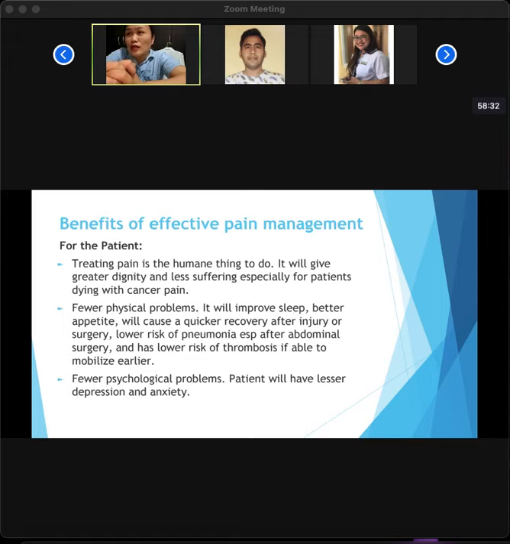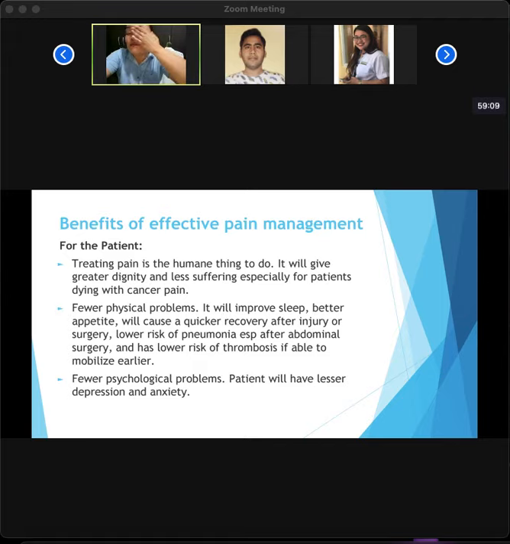The patient needs to be pain-free before passing away, because it gives greater dignity and less suffering, especially for patients dying with cancer. And it is also more comforting for the relatives to see that the patient died peacefully. Imagine if the patient is dying and yet is in pain, it's so heartbreaking, right?